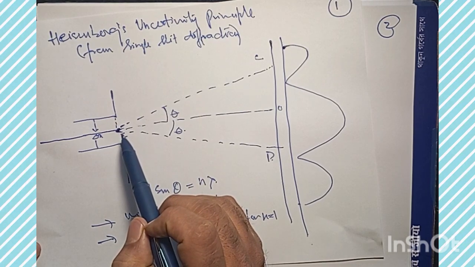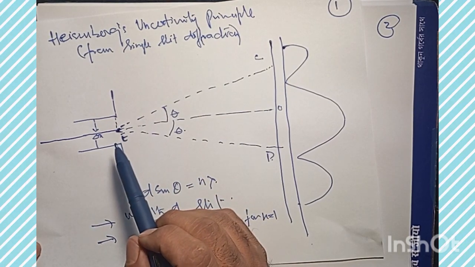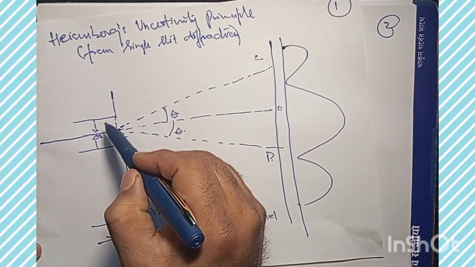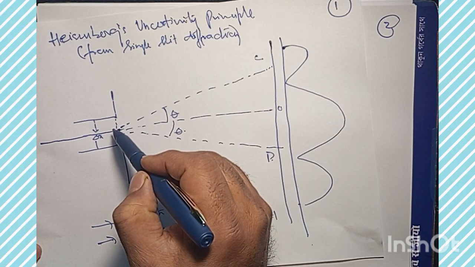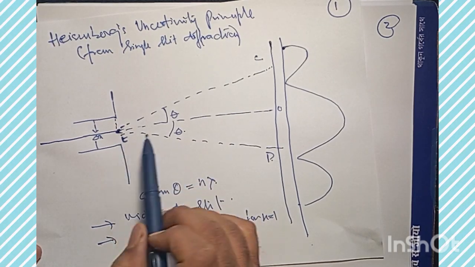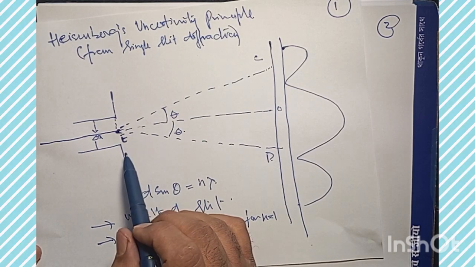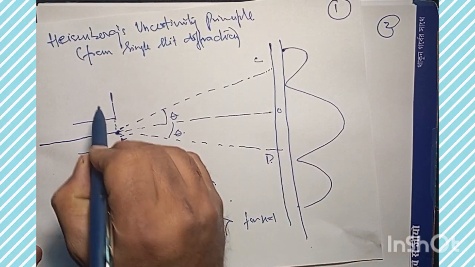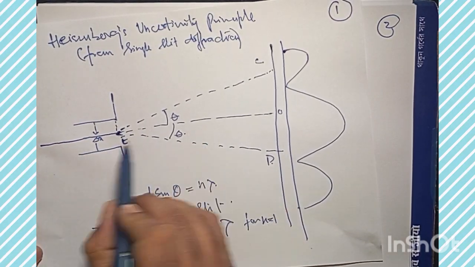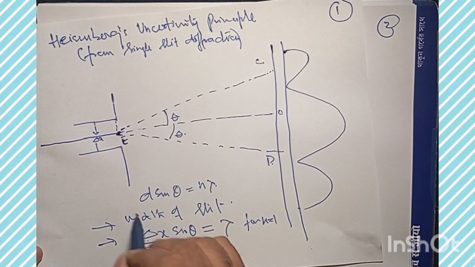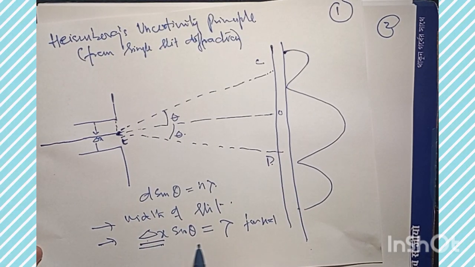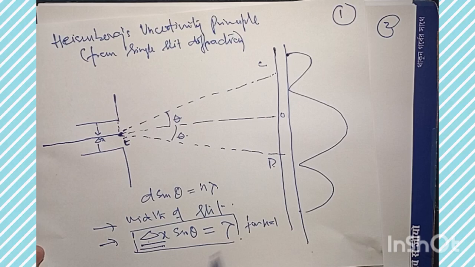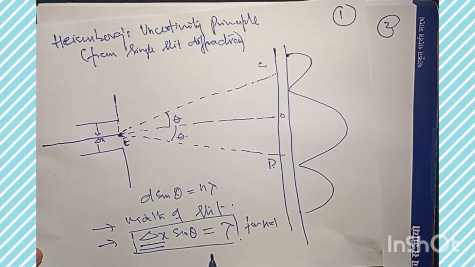Therefore, the uncertainty in the position of the electron beam in the slit, considered in the direction perpendicular to the direction of the incident beam, is delta x. So we have delta x sine theta equal to lambda.